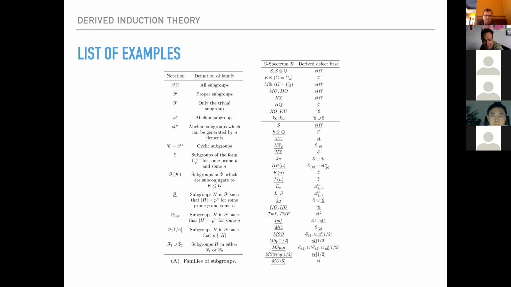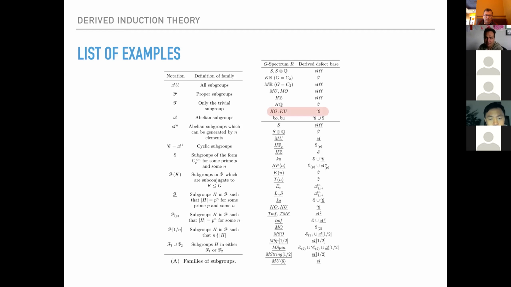What's important on the right-hand side: everything below that line in the middle of the page, those are underlying spectra. Those are the Borel equivariant cohomology theories associated to the non-equivariant spectra we love. So they just represent Borel equivariant cohomology with coefficients in the spectrum that is underlined.